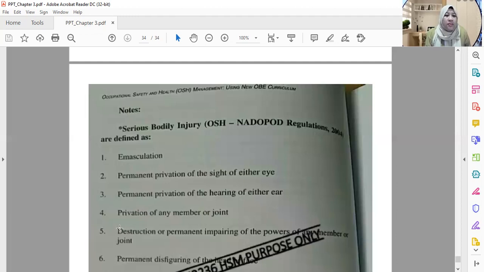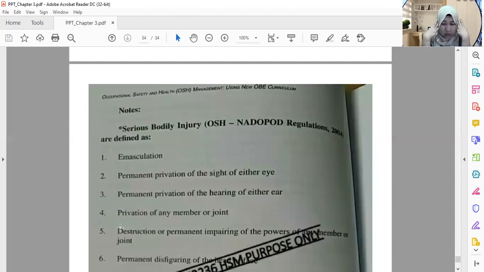And because of the effect on work performance, maybe you see very glaring vision, for example, sangat terang ataupun terlalu terang. And permanent privation of the hearing of either ear. So mostly probably they are working in a port, pelabuhan, so they have to use earplugs.